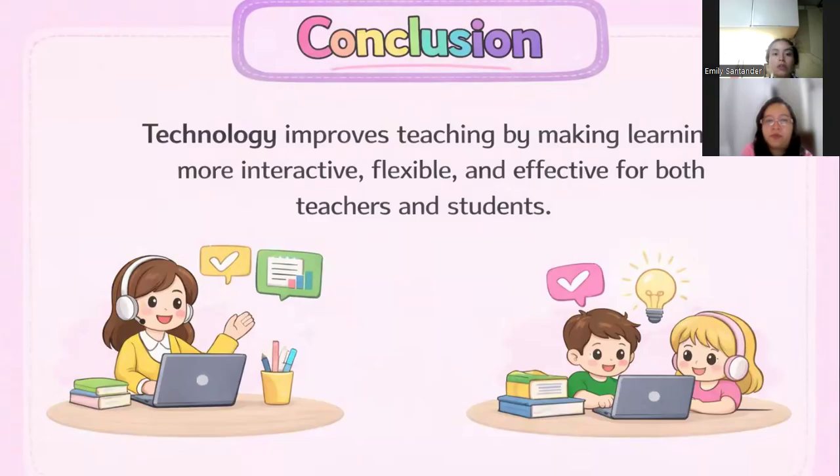So to conclude, we can say that technology plays an important role in improving the teaching process. It helps create a more interactive and flexible learning environment where students are more involved and teachers can use different strategies to support learning.